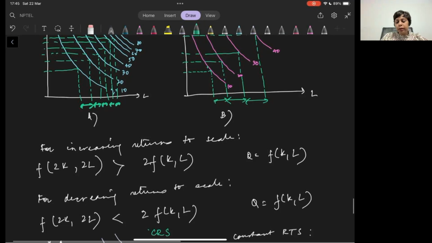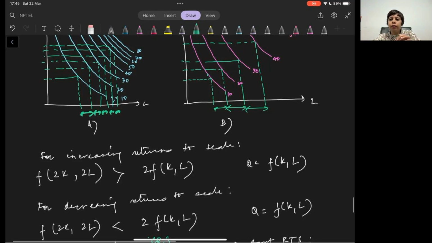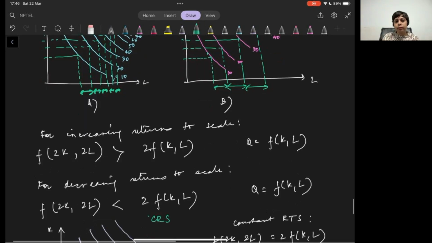Whereas with every step, the quantity of output is increasing by the same amount every time. You're going from 10 to 20 to 30 to 40 to 50, but for each step increase in output, the increase in inputs is less and less, right? That is what we have defined as increasing returns to scale.